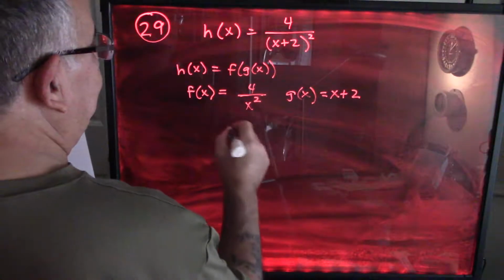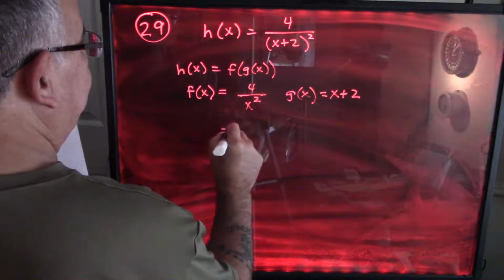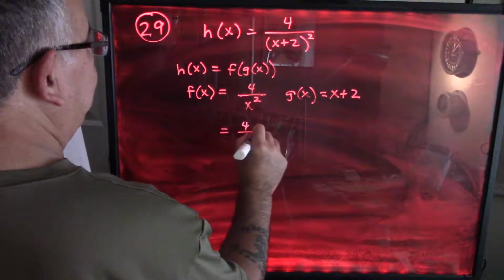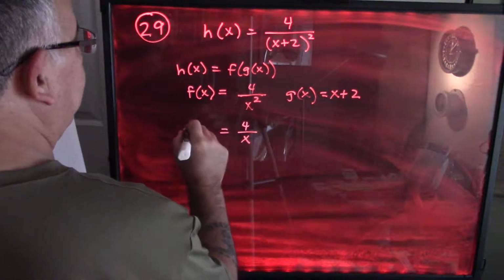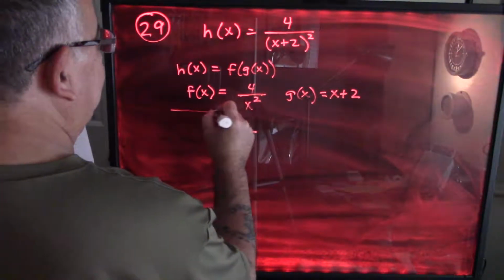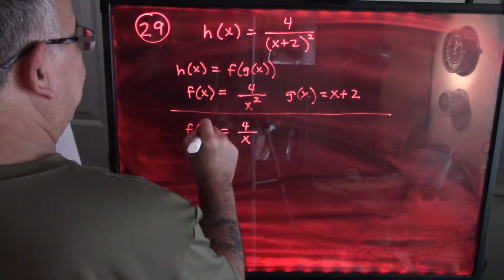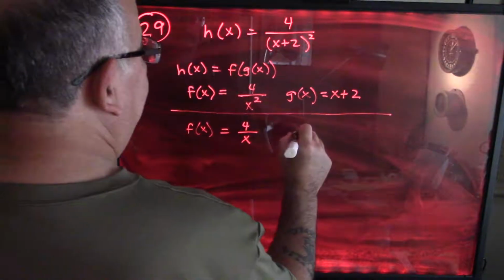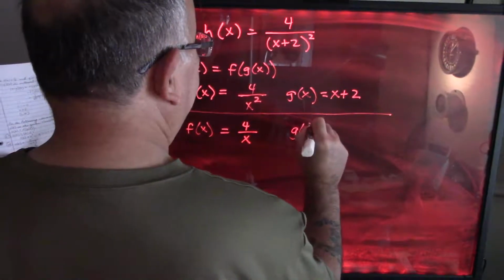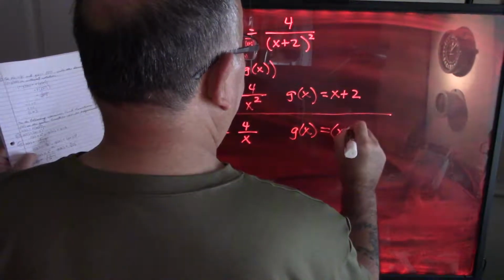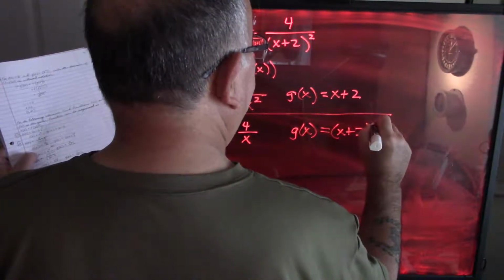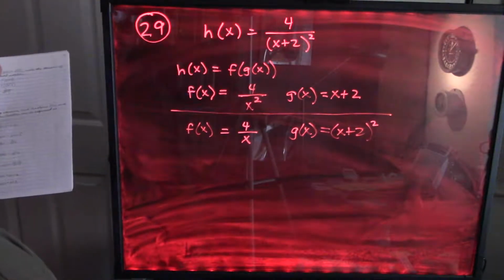There's another way you could do it. You could have f of x be 4 over x. Let me separate these, because these are different f of x's and g of x's. And g of x is x plus 2 quantity squared. Alright?